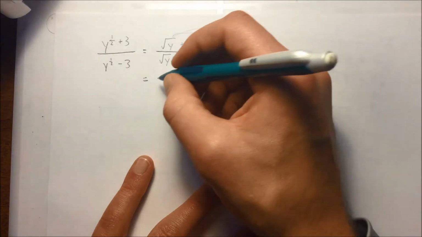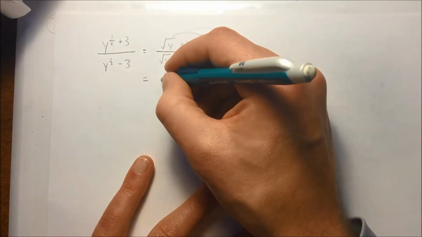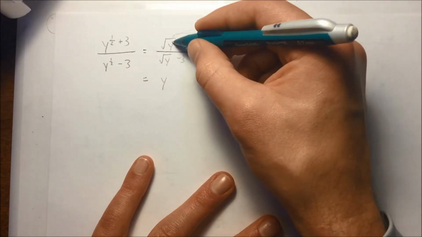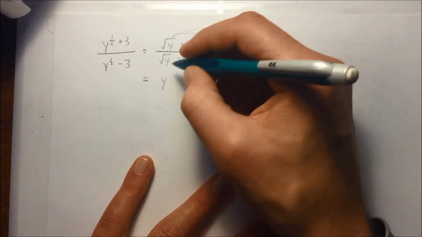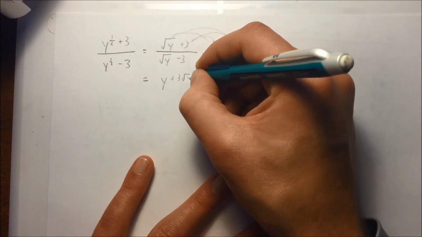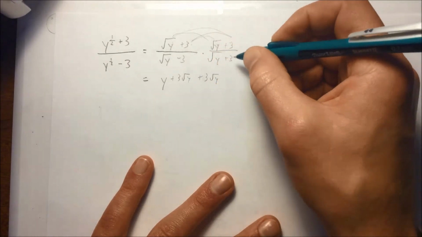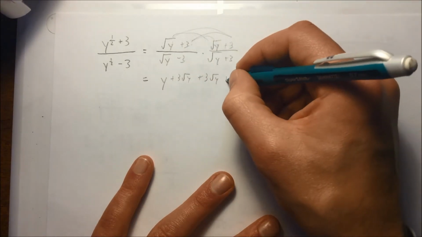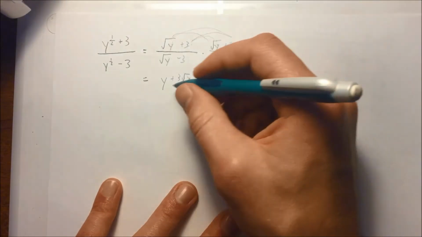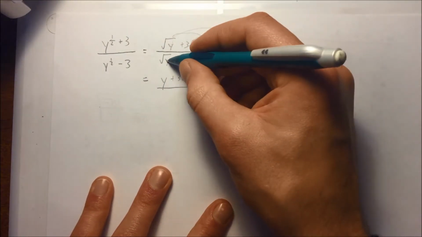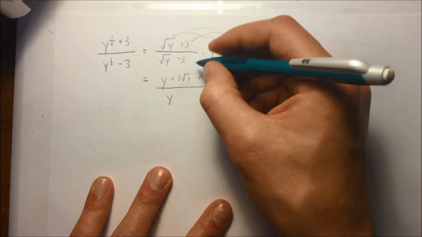Square root of y times the square root of y is what? The square root of y squared, which is just y. 3 times the square root of y. And then we have another 3 times the square root of y. 3 times 3, of course, would be 9. On the bottom, square root of y times the square root of y is just y.